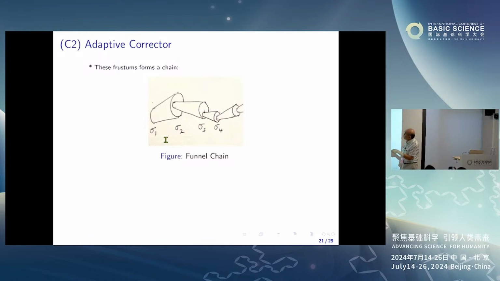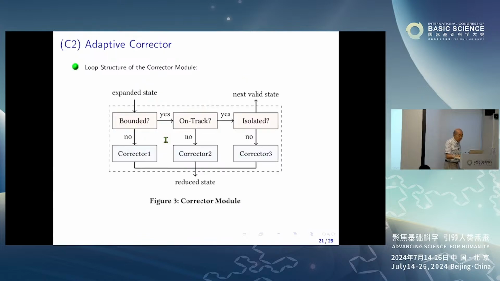If you have a sequence, you may be forced to shrink this frustum, and we already saw that well-isolation allows you to shrink, if you want to. You shrink it so that you can get the properties you need. And so you form a funnel chain, a chain of funnels like that. This is what our algorithm will produce.